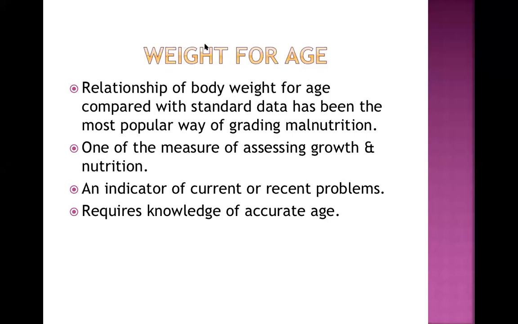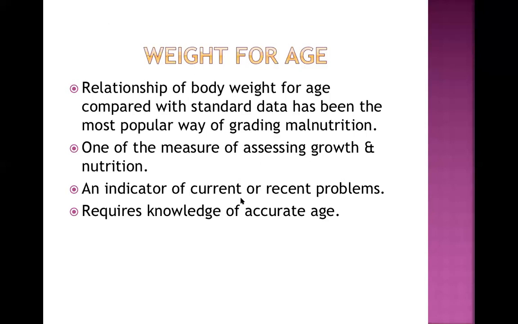Now see here, let's go to the slide now. This is the relationship of body weight for age, and we always have to compare with the standard data. The standard data are there, you don't need to worry about them. This is one of the commonest measures of assessing growth and nutrition. This is an indicator of a current or recent problem. What does that mean?